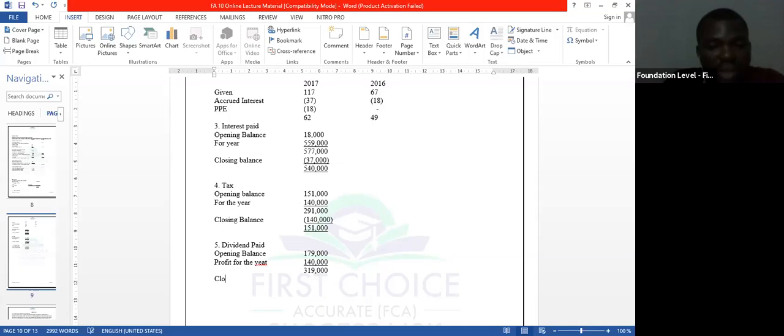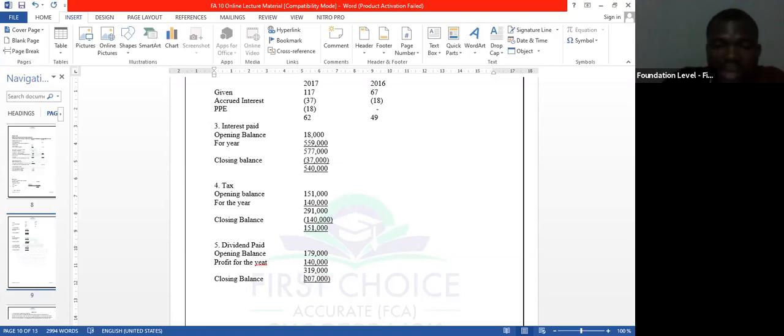Now the next thing after that, what is the closing balance? What is the actual closing balance that we now have? Because what we are expected to have is 319, but what we have as closing balance is 207. So the actual closing balance is 207, and that will be in brackets.